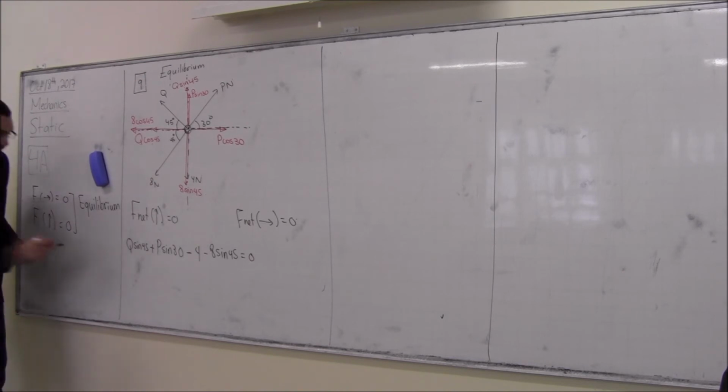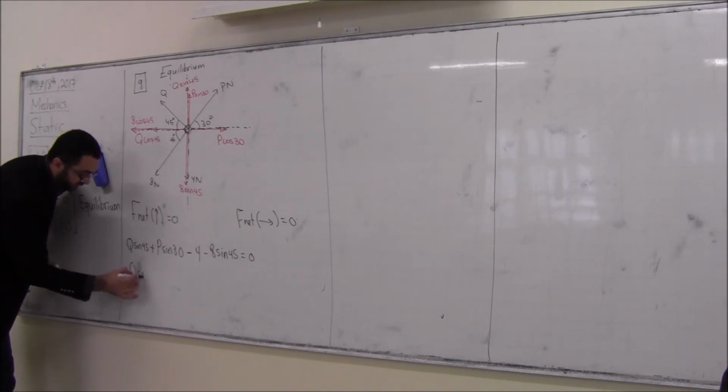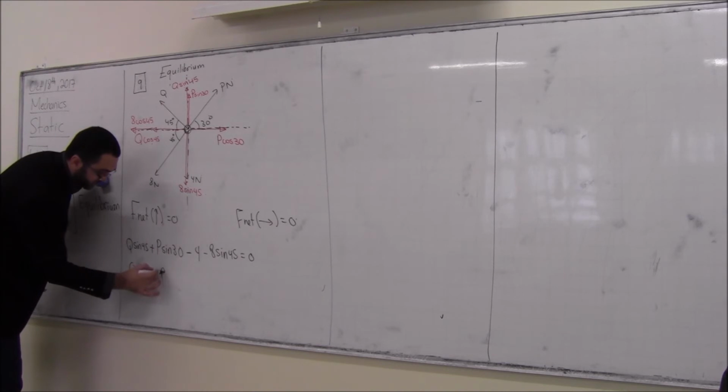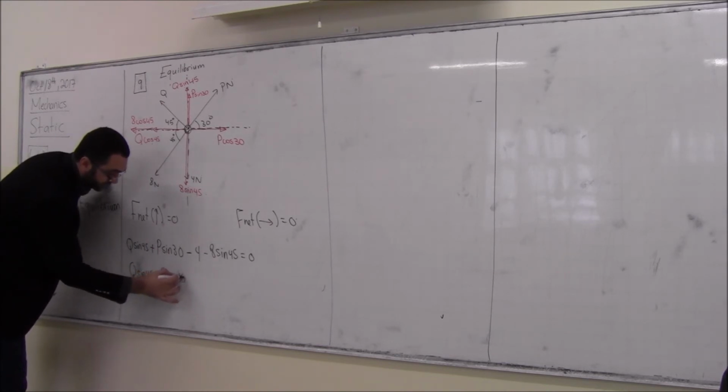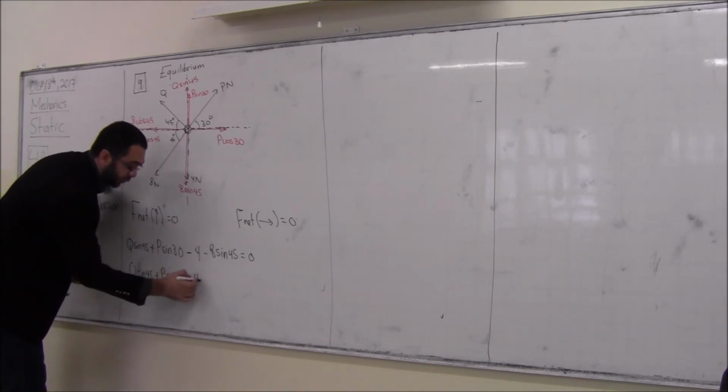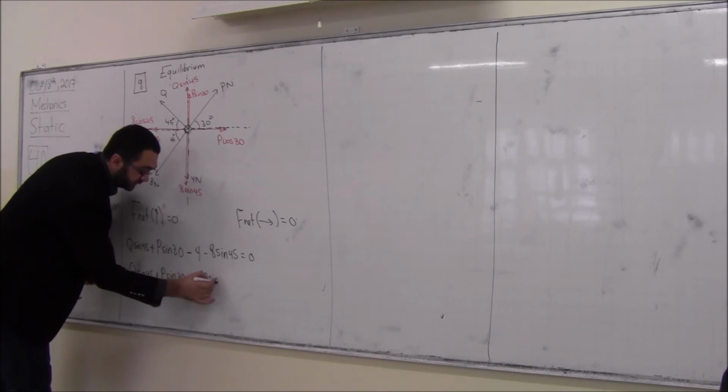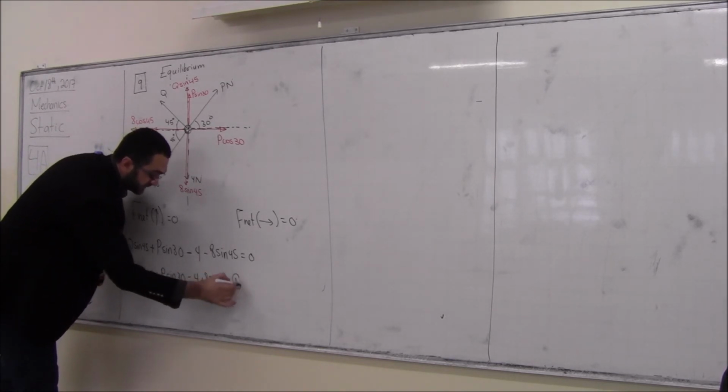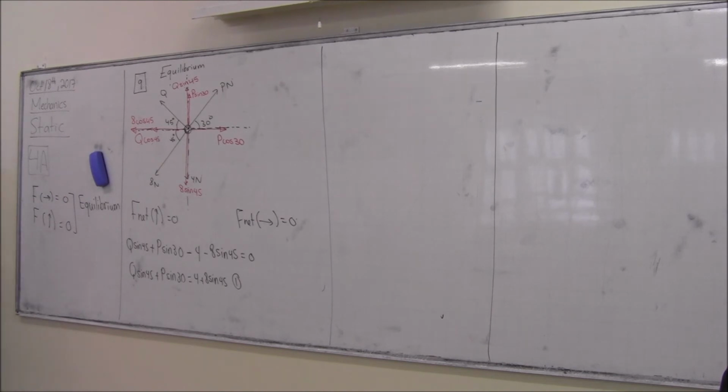So Q sine 45 plus P sine 30 equals 4 plus 8 sine 45. This is equation number 1.